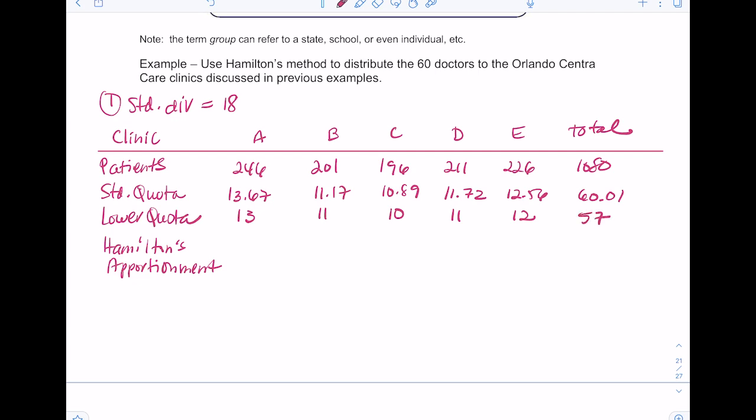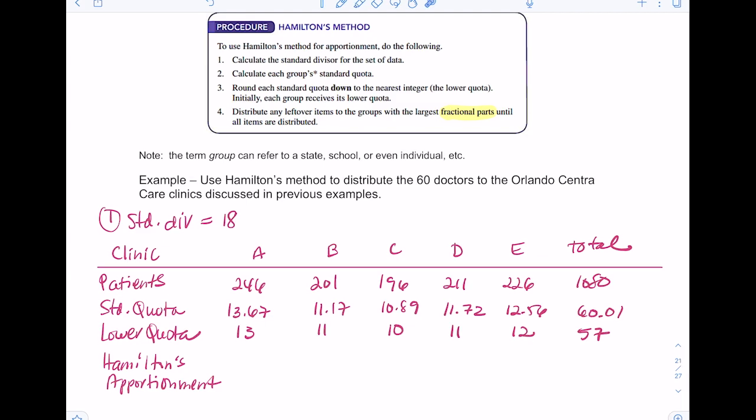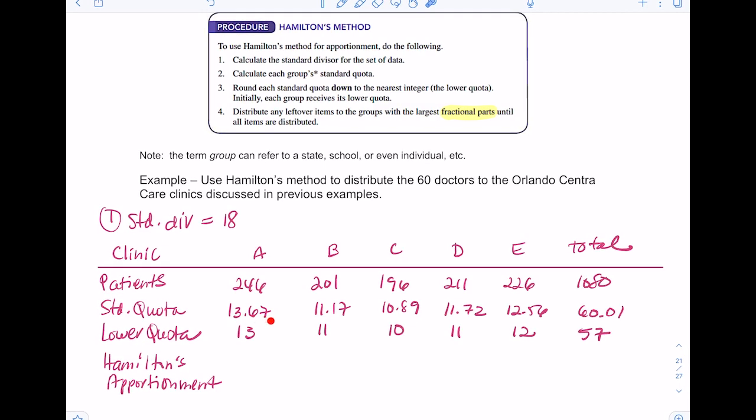So now we have another problem. We've got 3 remaining doctors, and we need to figure out where they go. In this 4th step, we're going to distribute any of the leftovers to the groups with the largest fractional parts until all the parts are distributed. When we say fractional parts, we're looking at the numbers after the decimal.